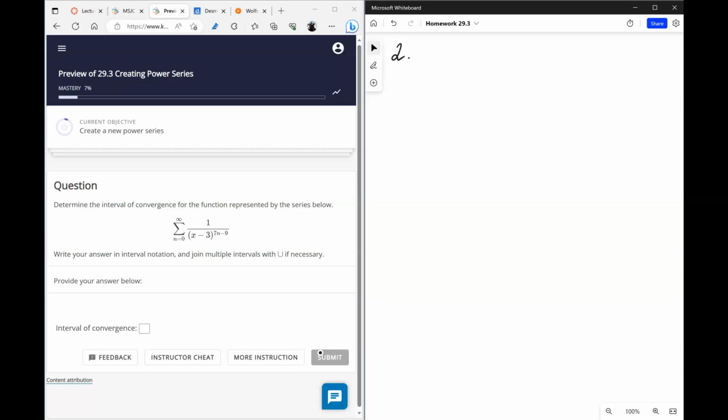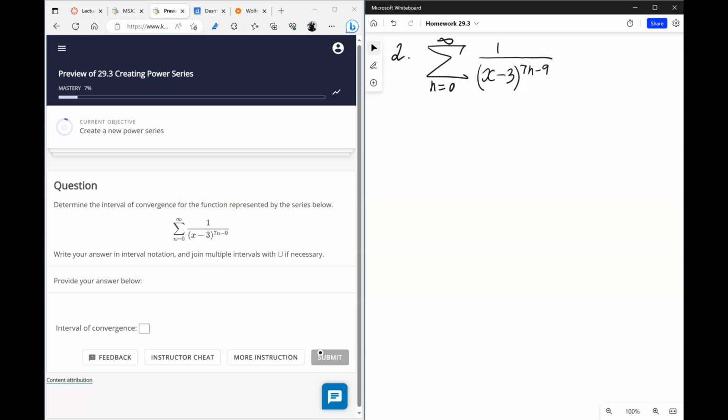Now, this is interesting because I was just staring at it. It's not a power series the way we know it, because we now allow x to have negative powers. However, the ratio test doesn't care about that.